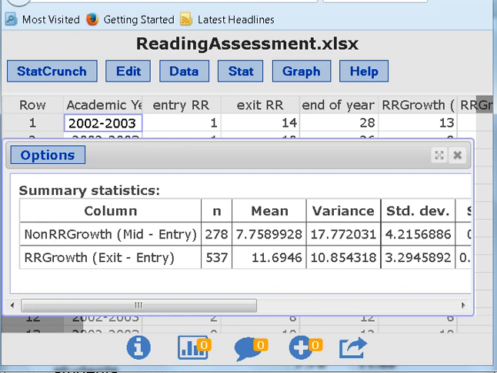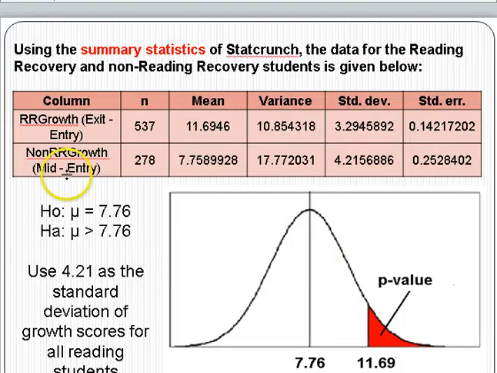Okay, let's get back to the PowerPoint. Using these summary statistics, I have calculated these values from the reading recovery and non-reading recovery students. We're going to use 4.21 as the standard deviation of growth scores for all reading students.